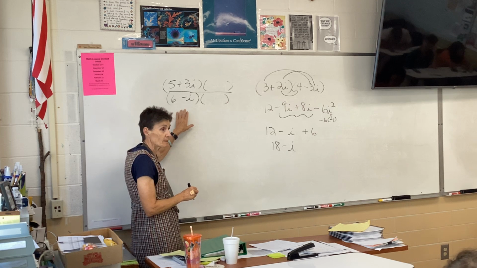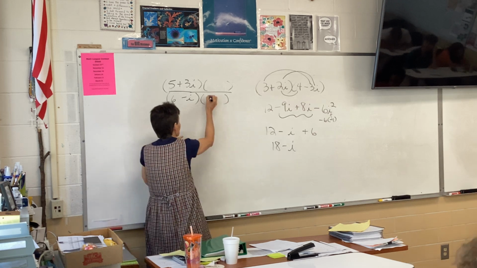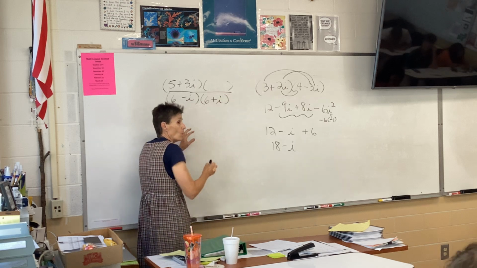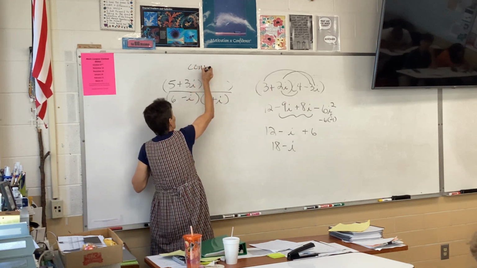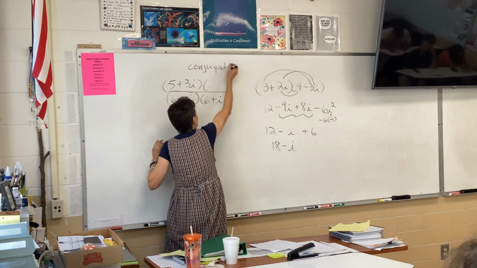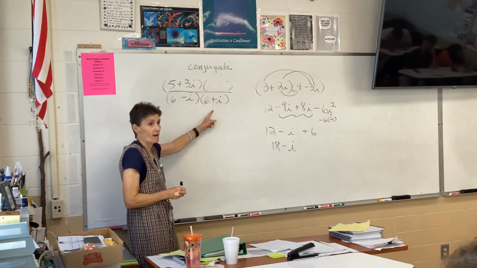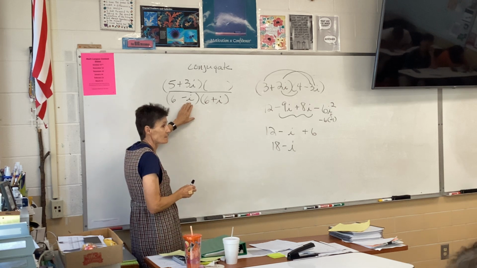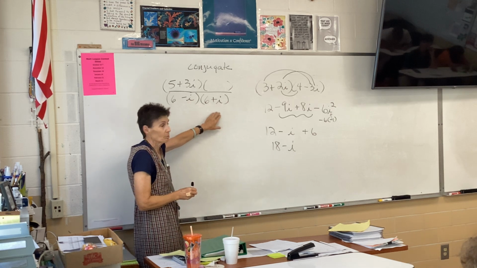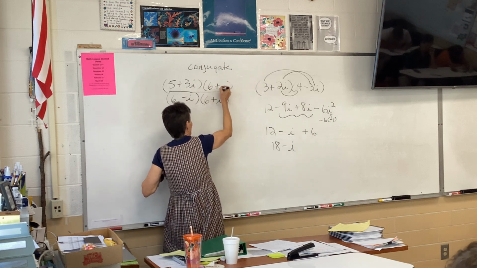And the conjugate of the bottom is just 6 plus i. When you do the conjugate, you change the middle sign. So since it was 6 minus, it will become 6 plus. And we do that on the top and the bottom.